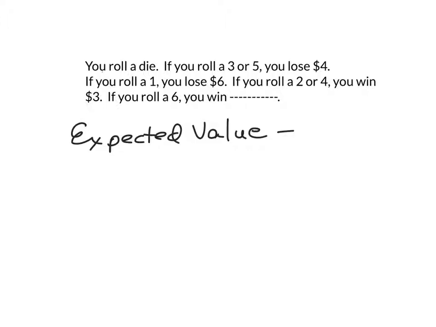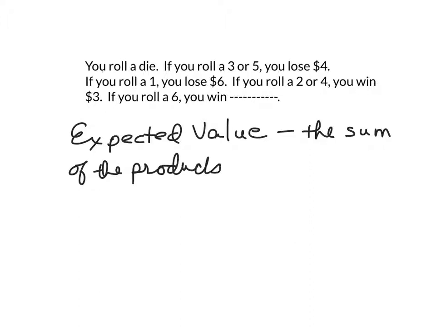The expected value is the sum. Let's stop. That means we're going to be adding some things. The sum of the products. Let's stop. Product means to multiply. So what are we adding? We're adding things that have been multiplied together.